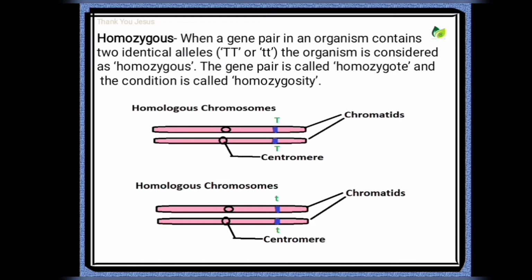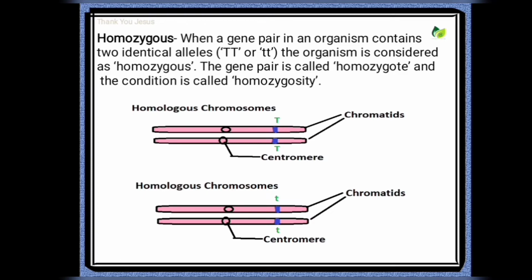Next, homozygous. When a gene pair in an organism contains two identical alleles, capital T or small t, the organism is considered homozygous. The gene pair is called a homozygote and the condition is referred to as homozygosity. So, look at the pictures carefully.